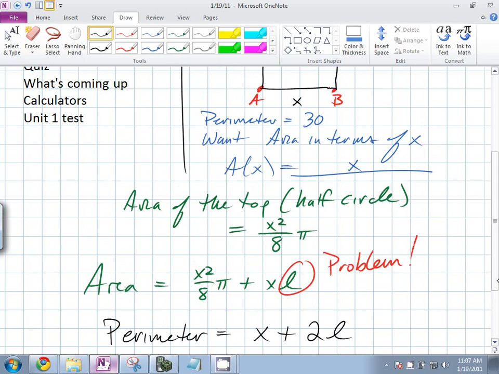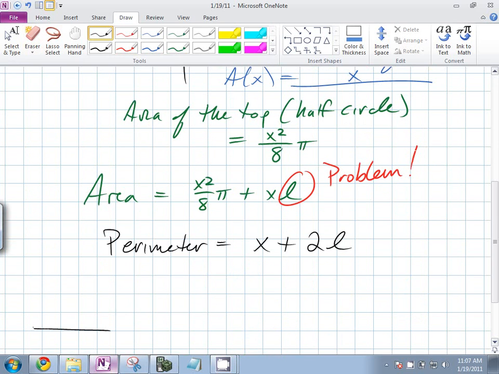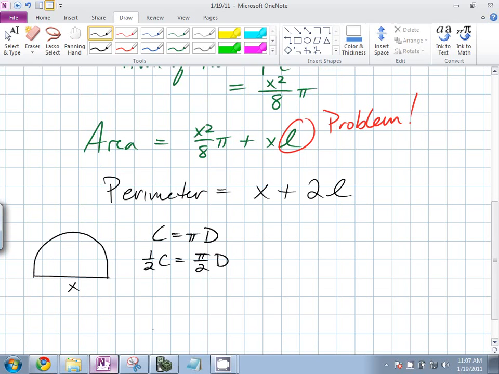And now we need to know what's the arc length from C to D. You know, C to D is x. It's half of a circumference. The circumference of a circle is pi times what? Diameter. So 1/2 the circumference is pi over 2 times D. Hold on. There's a lot of different ways to do this.